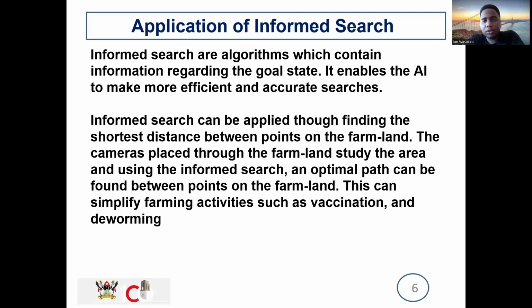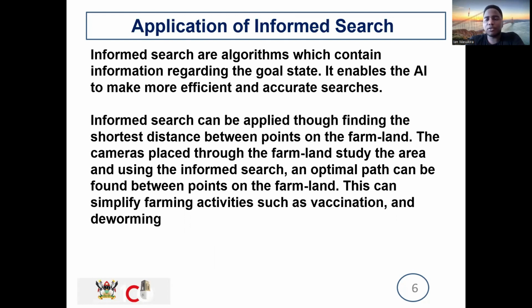I'm also going to take you through how informed search is going to be applied in my project. Informed search are algorithms which contain information regarding the goal state. It enables the AI to make more efficient and accurate searches. In this case, an informed search can be applied through finding the shortest distance between points on the farmland.